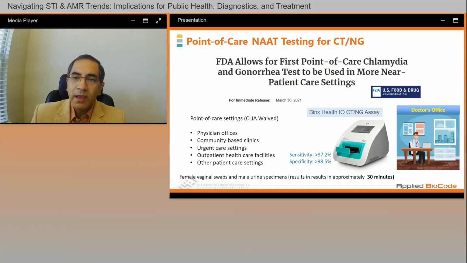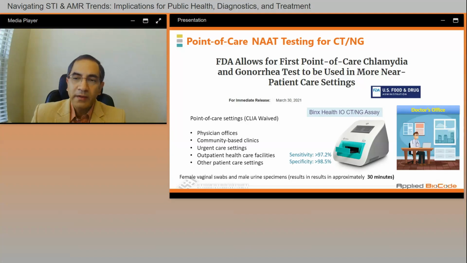In 2021, FDA approved the very first point-of-care testing for CT for molecular assays. This test offers equivalent sensitivity and specificity to that of a traditional NAT performed at a clinical laboratory.